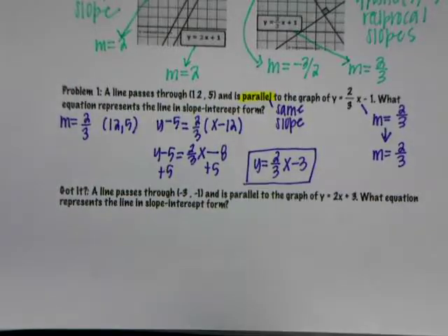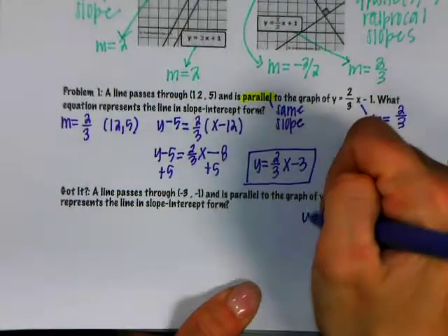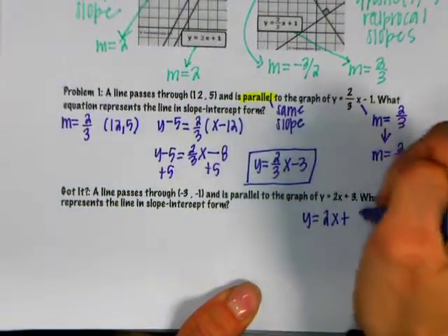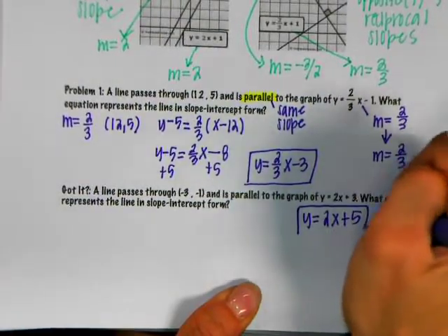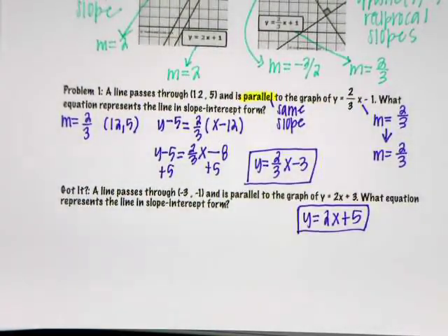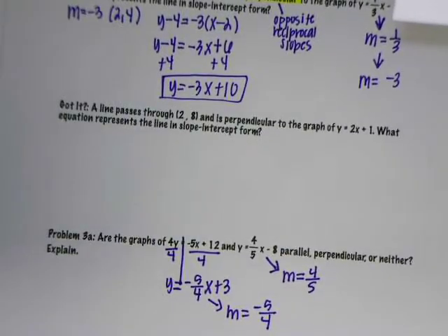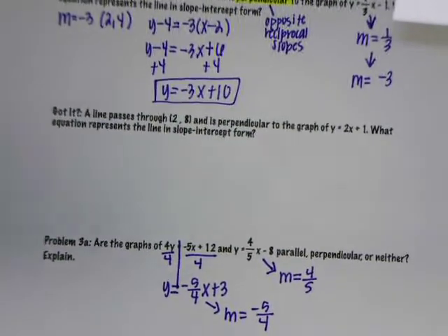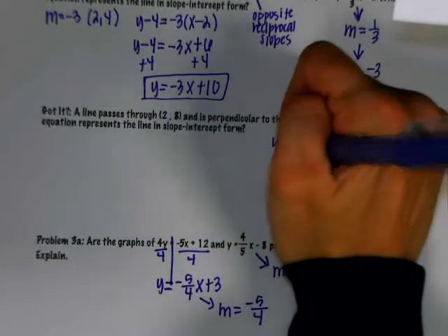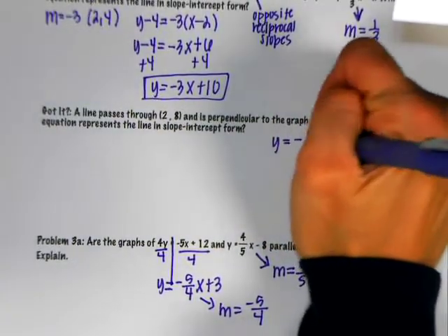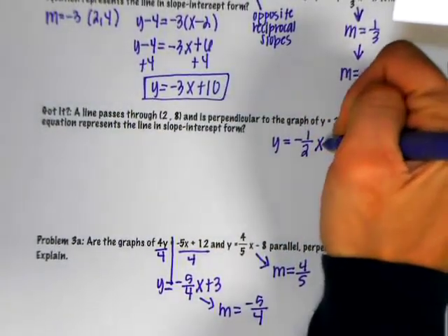So the first Got It, you should get y equals 2x plus 5. The next Got It, you should get y equals negative 1/2 x plus 9.